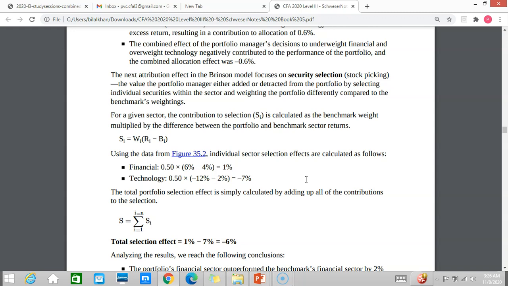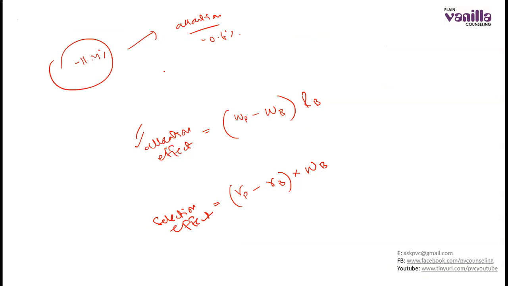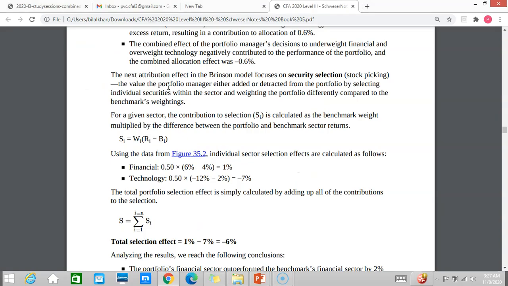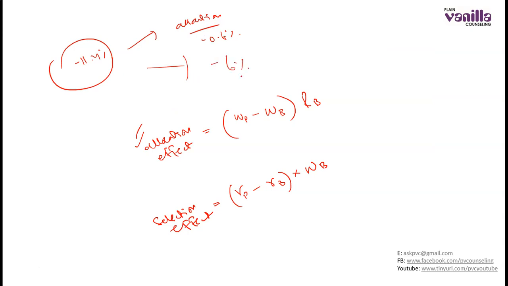This means the selections which you did in financial sector, security selections and asset selections, led to a positive 1% impact compared to benchmark, but the selections which you did in technology led to minus 7% return compared to benchmark in your portfolio, and these two combined led to a total selection effect of minus 6%. So that means from this minus 11.4%, minus 6% came in from selection effect.